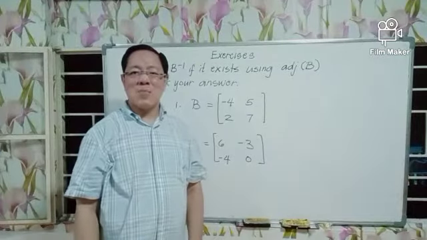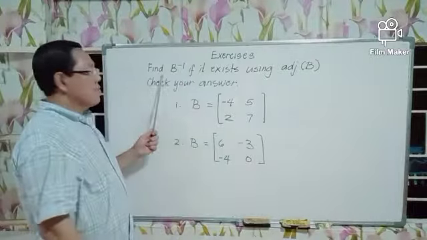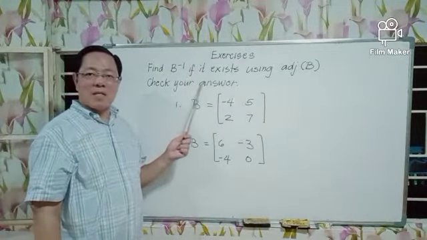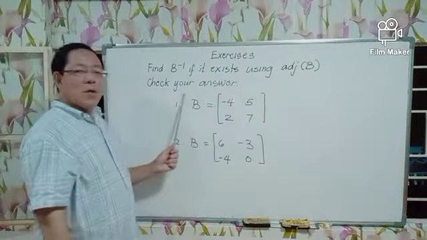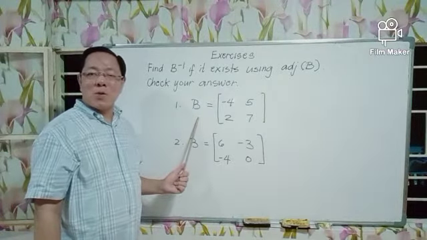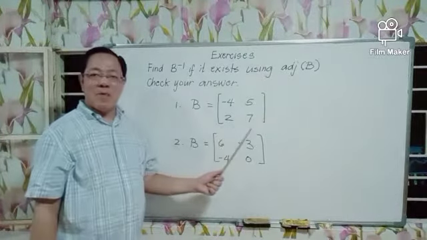For your practice, please try the following exercises. Find B to the minus 1, that's the inverse of matrix B, if it exists, using the adjoint of B. Check your answer. In number 1, the matrix B is a 2 by 2 matrix with entries negative 4, 5, 2, 7.